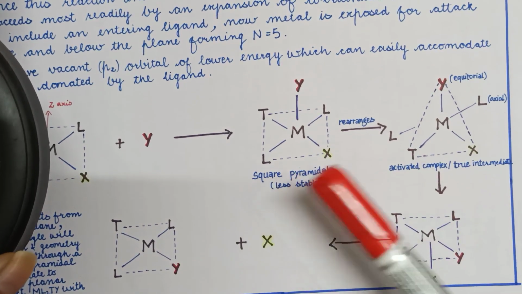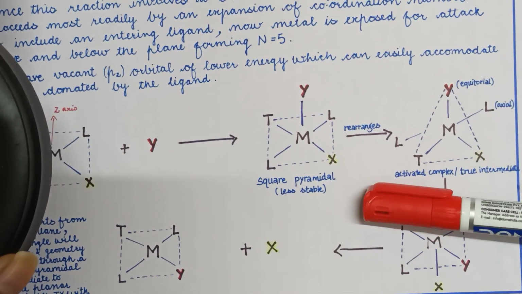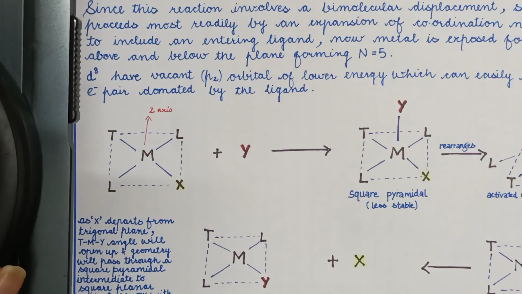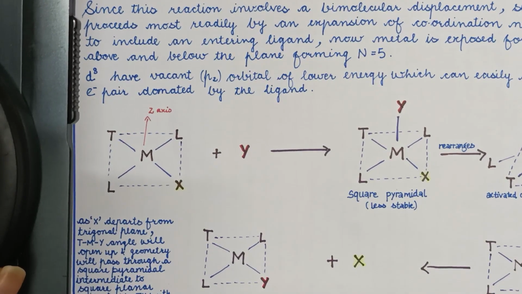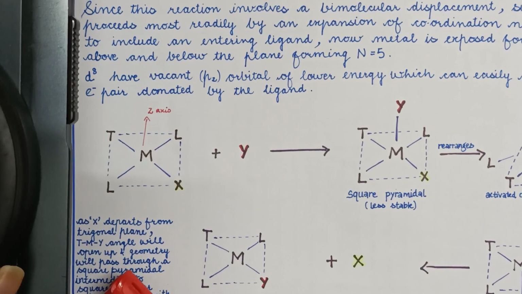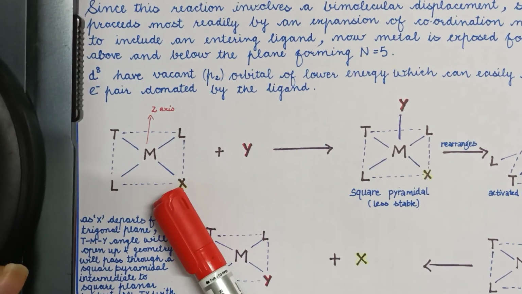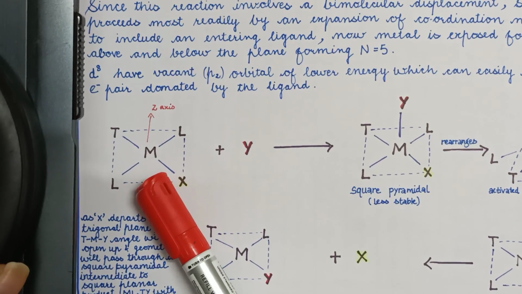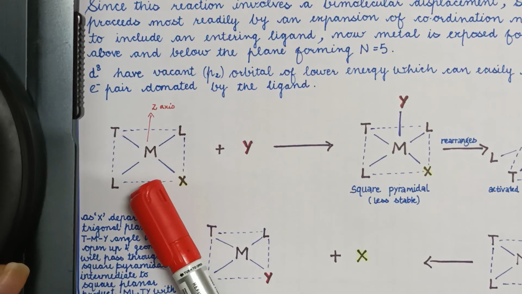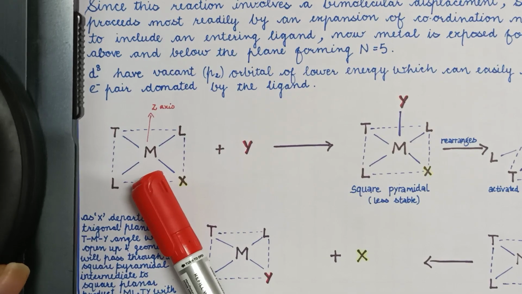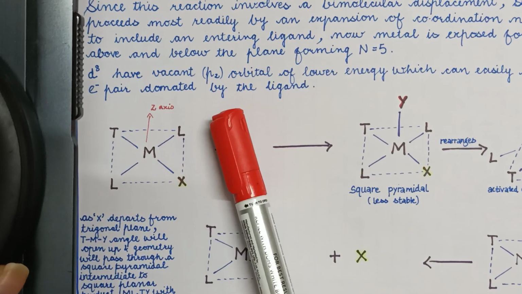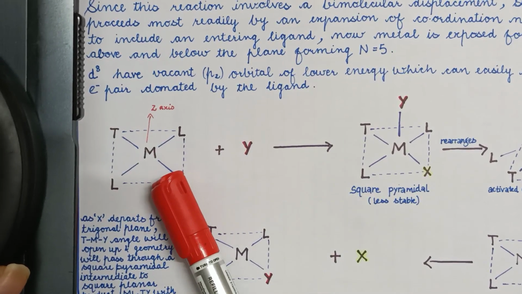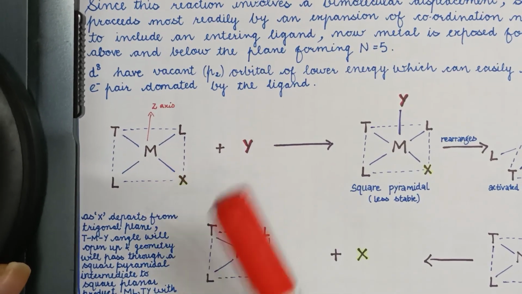So these are the first two steps. The square pyramidal geometry changes into a trigonal bipyramidal. Now let us revise the first two steps. It was very simple. There was a square planar complex. The metal which is constituting this square planar complex has a d8 configuration, and it has a vacant pz orbital which is of lower energy and which can easily accommodate any electron pair donated by the ligands.